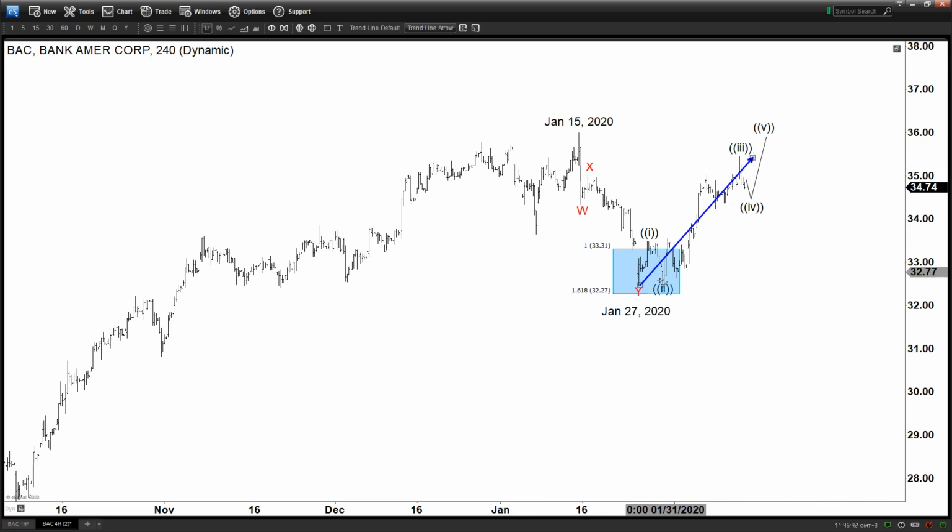So if this is going to be ending the cycle, then we're going to be doing something like this before higher again, possibly. Now technically Bank of America needs to break above this peak to confirm that we're going to extend higher again, technically, right?